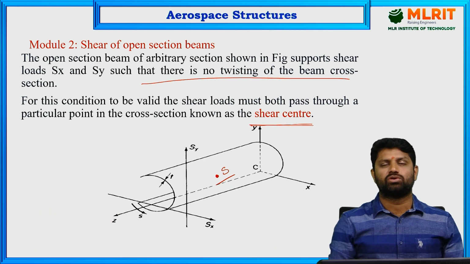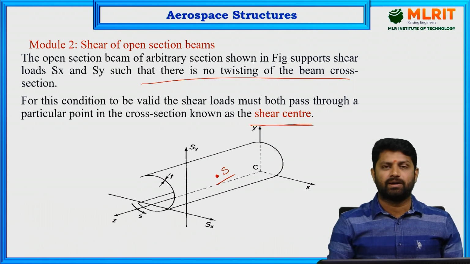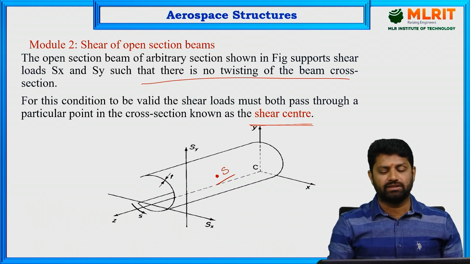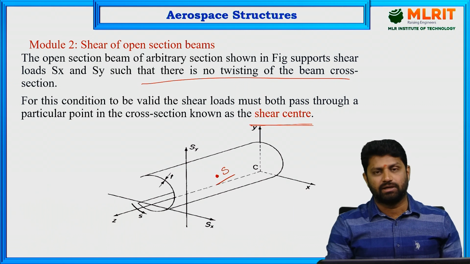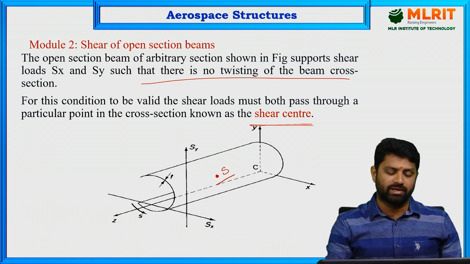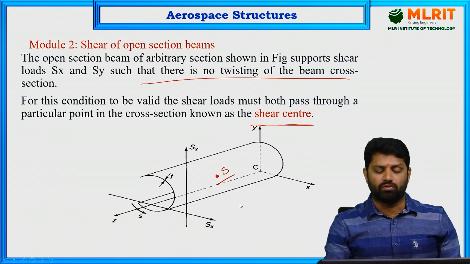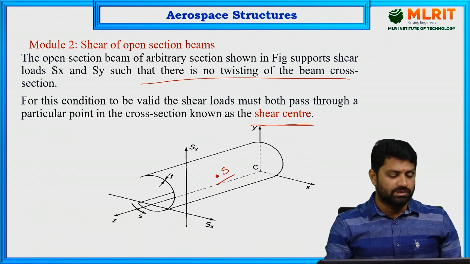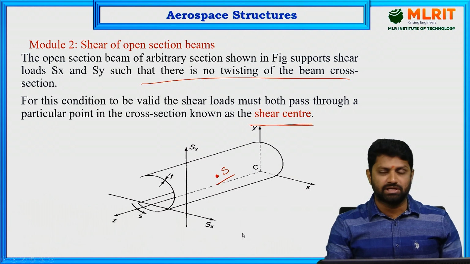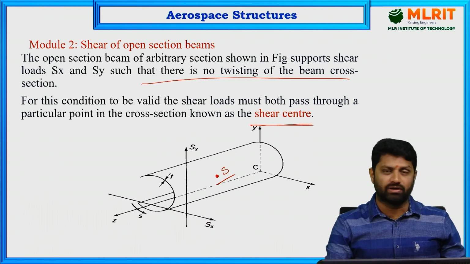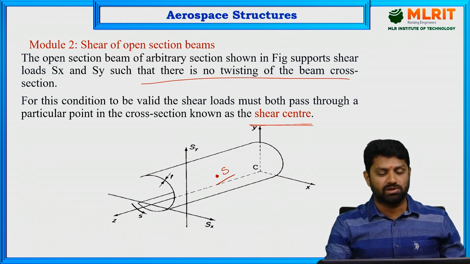The shear center is a very important factor in aircraft structures, and based on this point the loads are defined such that twisting can be avoided. So it is important for us to establish a relationship for the shear flow distribution for open section beams, and also to find the shear center of any open or closed section beam.